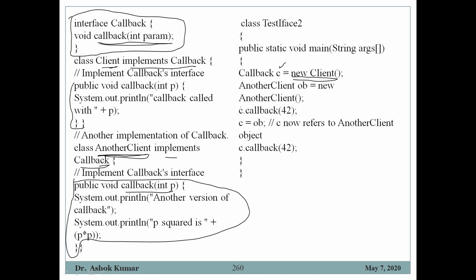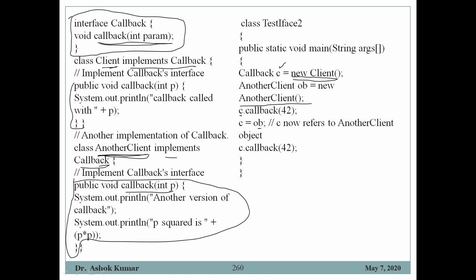And in the next line we created another object of the second class, that is, of another client class type. So we first called the callback method of the first class with the reference to the interface. This will call the method callback, and you will get callback called with p 42.